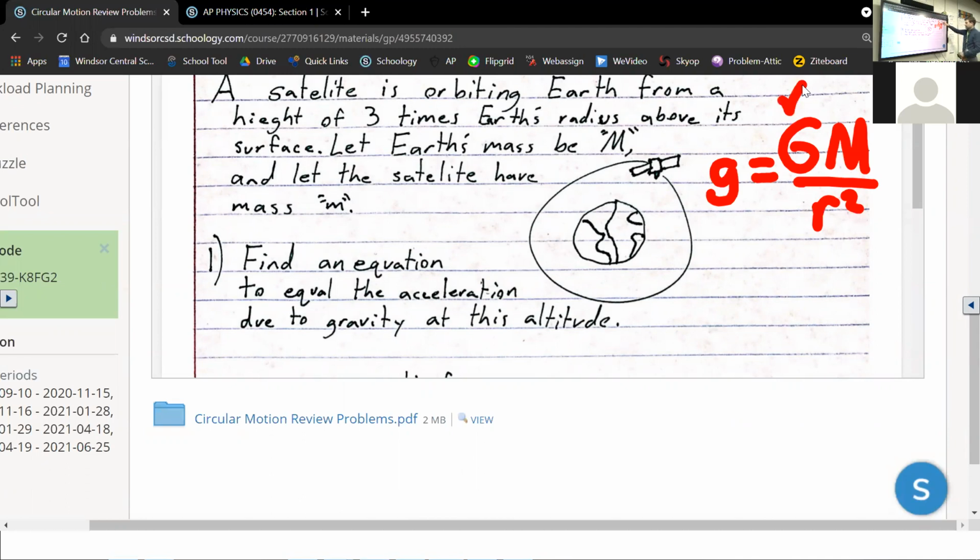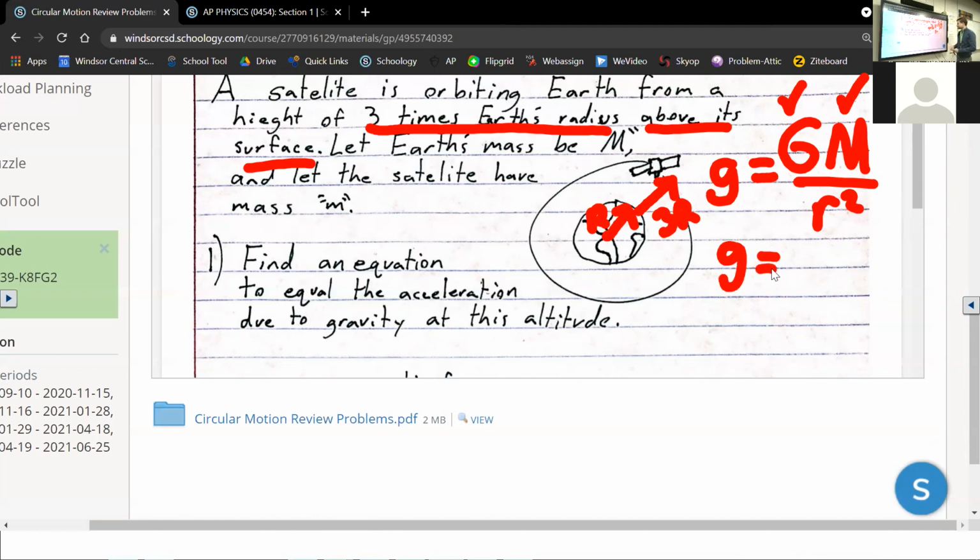You're allowed to use big M because I gave you big M for Earth's mass. The question is, how much is the radius? I said it's 3 times Earth's radius above its surface. So that means you have 1 radius here, and then you have 3 radiuses there. So the total radius is going to be 4r.